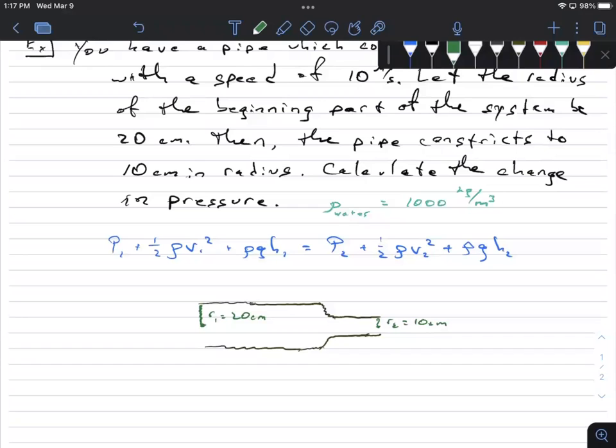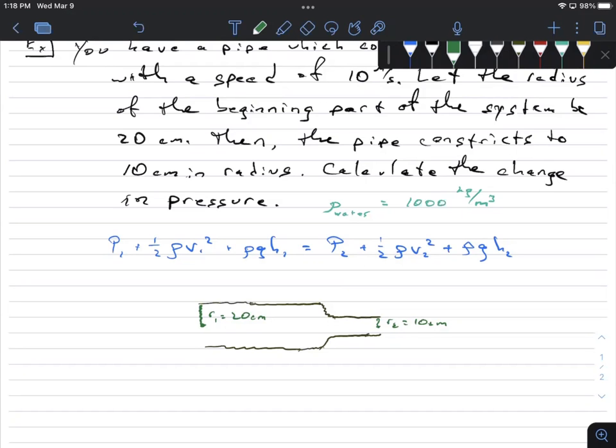Now, what does change in pressure mean? Because my equation doesn't really say anything about a change in pressure. It has pressure 1, or it's got pressure 2. But I don't want pressure 2, or pressure 1. I want the change. And if you remember, in physics, when we talk about the difference in something or the change in something, we usually mean final minus initial.